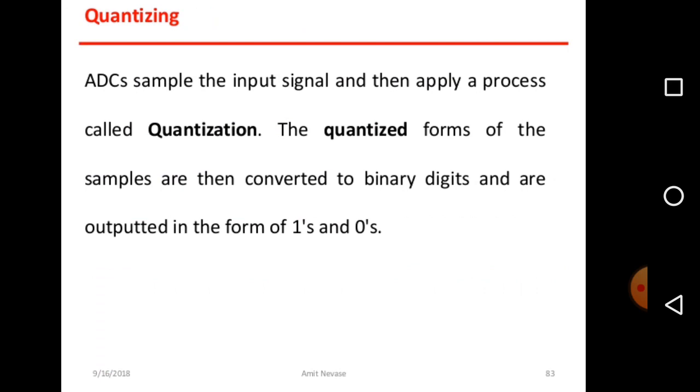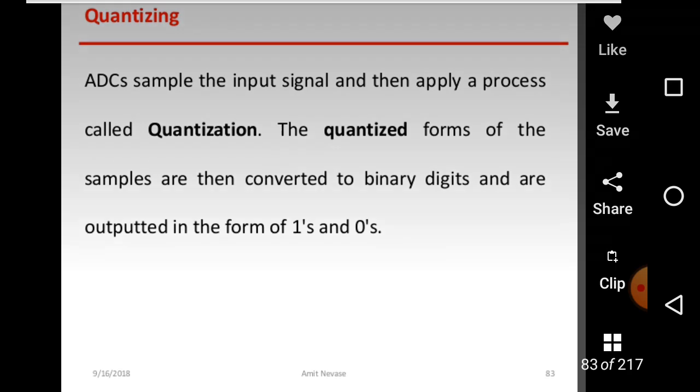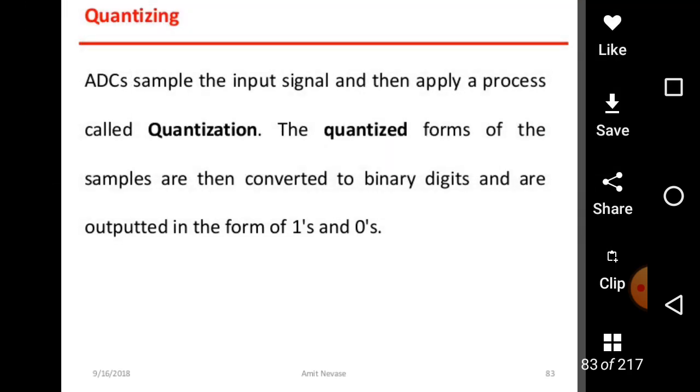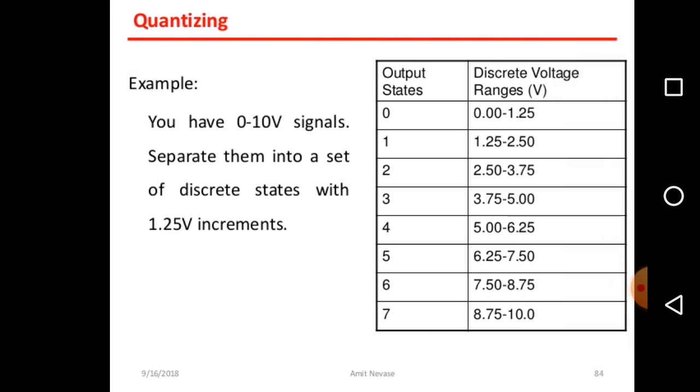The quantized forms of these samples are then converted to binary digits and are outputted in the form of zeros and ones or ones and zeros.